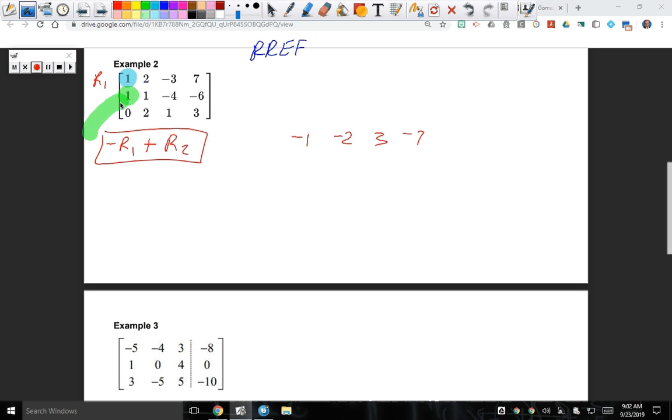A 0. Okay, here we go. So let's see it actually happen. So row 2, as it sits, is 1, 1, negative 4, negative 6. When I add them, there's the 0 that I wanted this to become. And I have what left over? Negative 1, negative 1, and negative 13. Okay, so just now, my original row 1, row 2, row 3 just became the following. 1, 2, negative 3, 7.